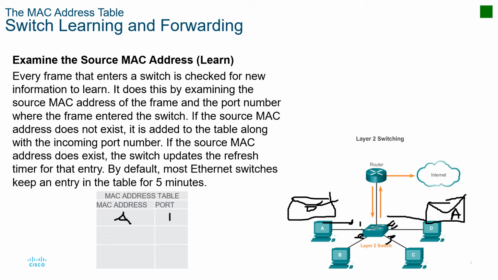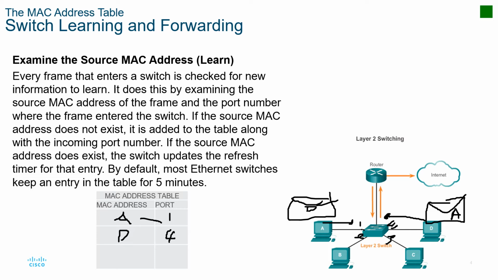The moment that the switch receives that, it will get the source MAC, and that is D. It will map it to its incoming port, which is 4. And then it will check the destination MAC, which in this case is A. Then it will see in the MAC address table that A is in port 1.